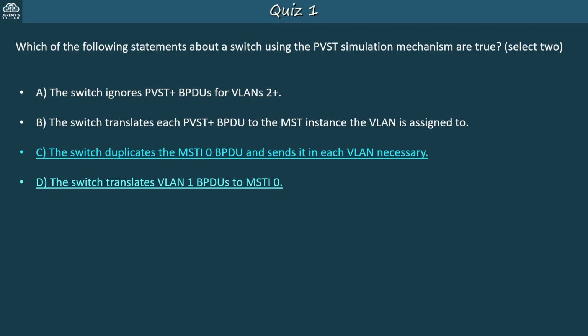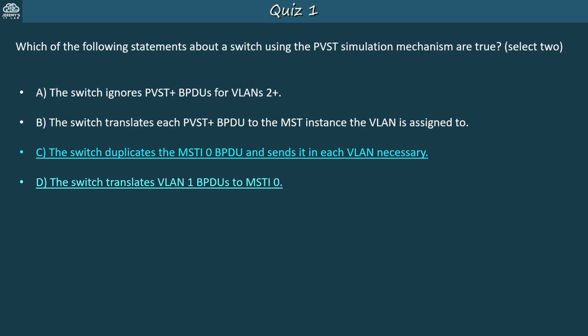A is incorrect because although BPDUs for VLANs 2 plus aren't used to determine the STP topology, they aren't totally ignored. They are used for consistency checks. And B is incorrect because of what I just explained for D and A. VLAN 1 BPDUs are translated to MSTI 0, but BPDUs for other VLANs are only used for consistency checks. They aren't translated to other MST instances.